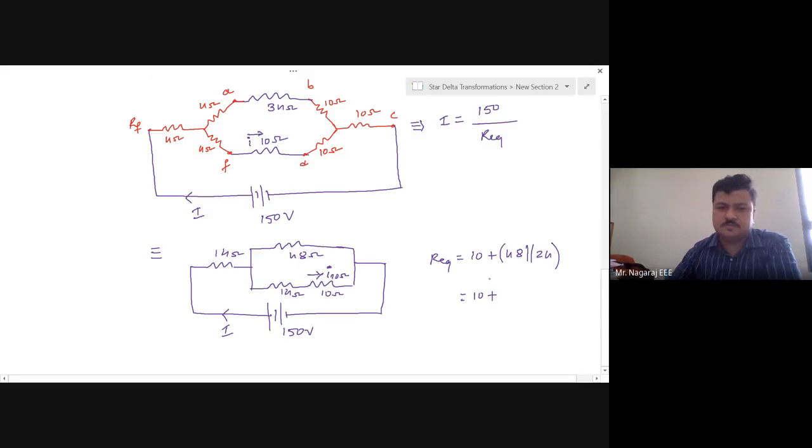So 10 plus 48 into 24 divided by 48 plus 24, which comes out to be 10 plus 16, that is 26 ohms.